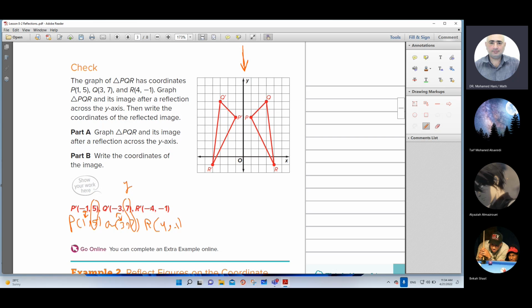So as you see, we have the same y, and here we have the opposite x. So if the line of reflection is the y-axis, the rule is: if we have the point A (x, y), the reflection about the y-axis will be the same y, but the opposite x.